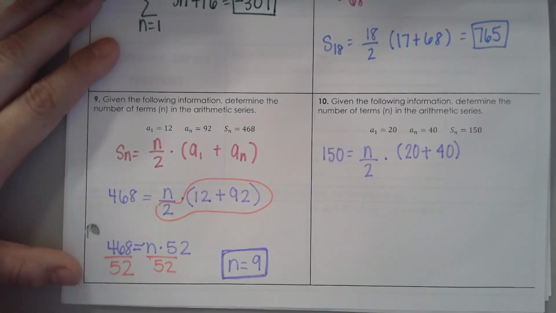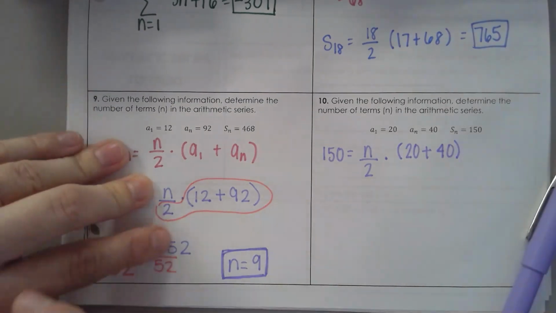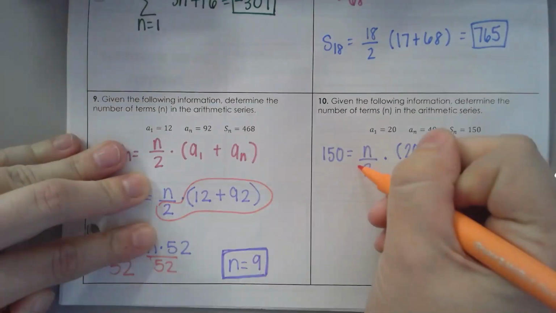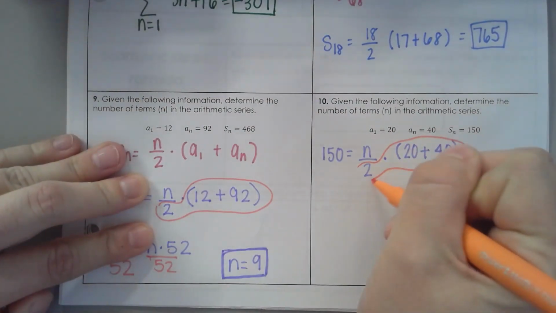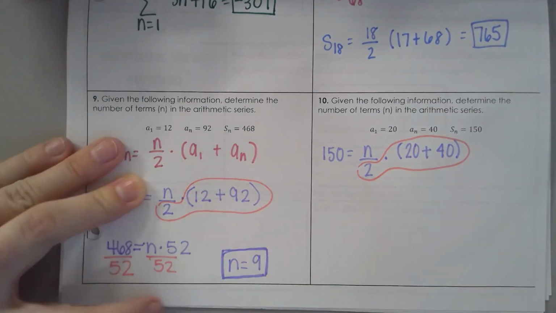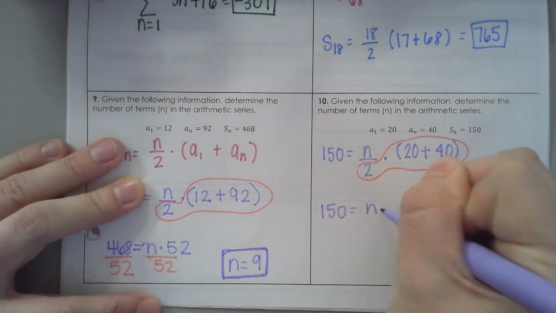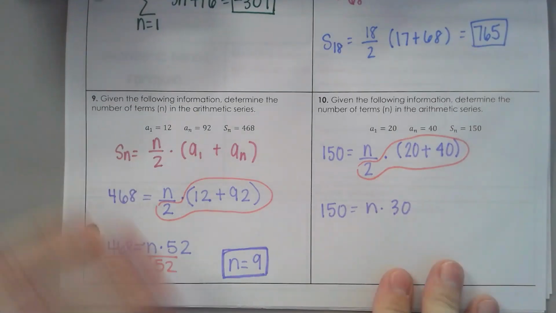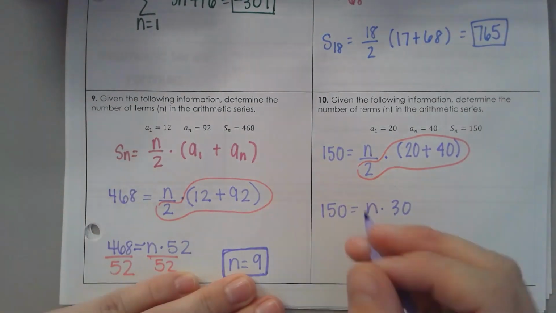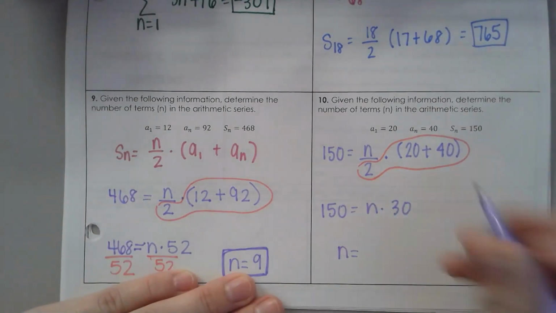What's 20 plus 40? 60. Divided by 2? 30. So this right there is 30. And if you divide by 30, n equals 5.